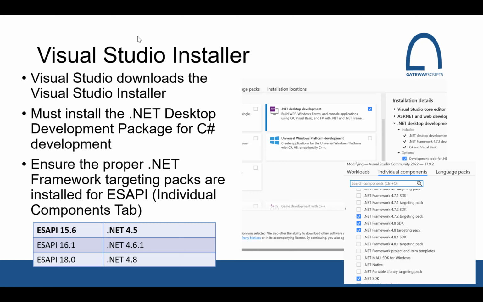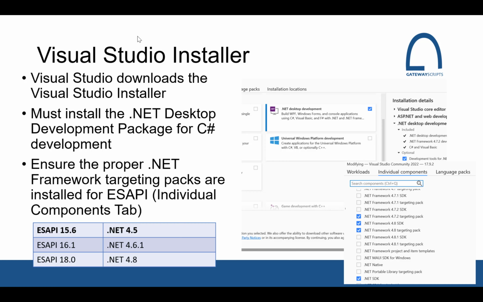In order to develop in the C# programming language for Eclipse Scripting API, the .NET Desktop Development Package must first be installed. After installing the .NET Desktop Development Package, the Individual Components tab of the Visual Studio installer can be used to ensure that you have the correct version of the .NET Target Framework. If you're working in Eclipse version 15.6, you'll need the .NET 4.5 Target Framework.